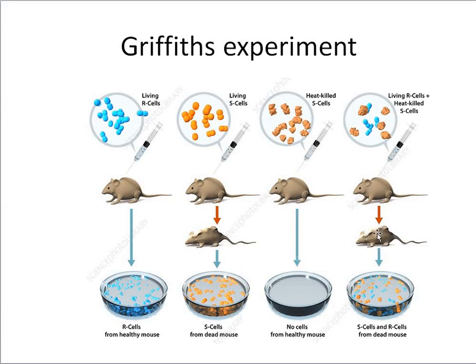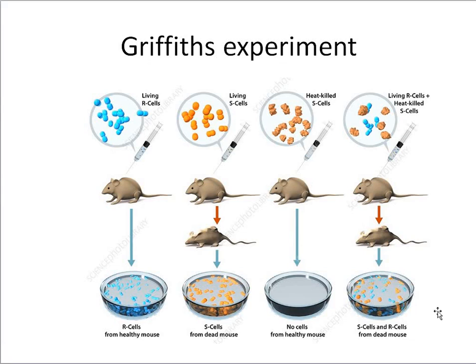And from this mouse, to his great surprise, he found some S cells and some R cells. Now, R cells were injected, so R cells could be found, but where did these S cells come from? That was the point.